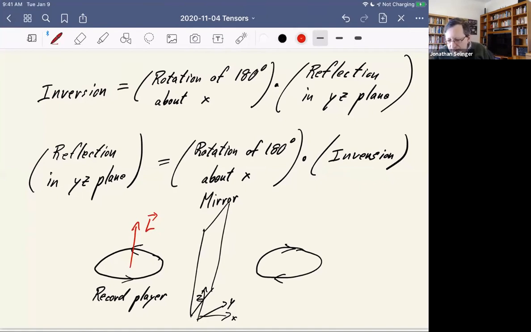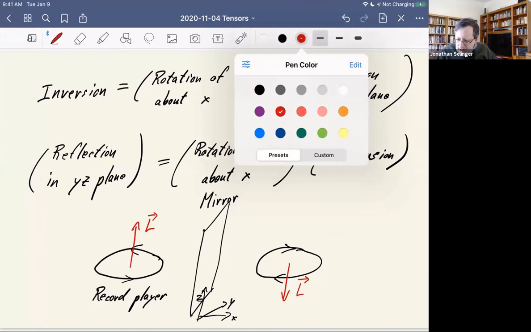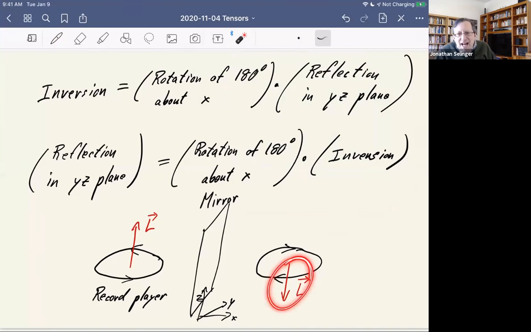Because it's spinning in the opposite direction, it has angular momentum like that. And now you might look at this and say, wait a minute, there's something wrong here, that this angular momentum vector doesn't look like the reflection of that angular momentum vector, right?